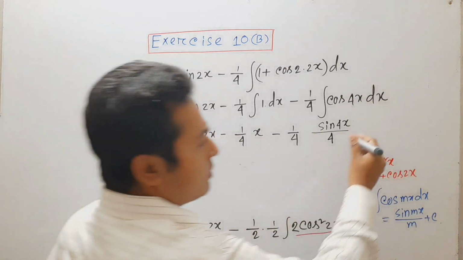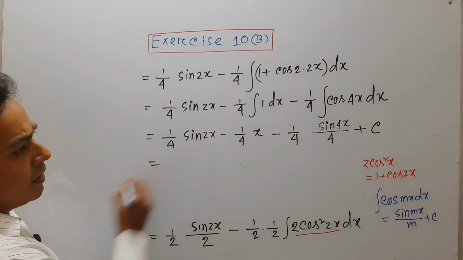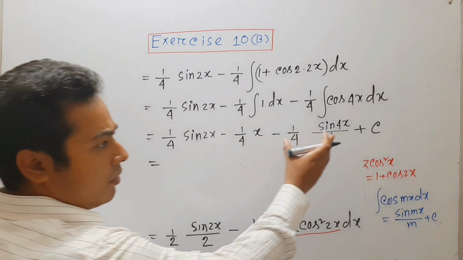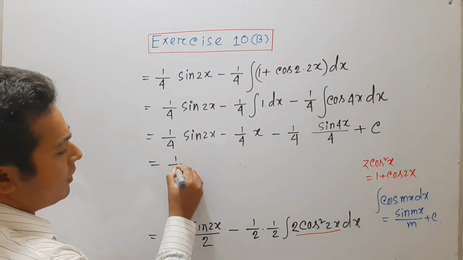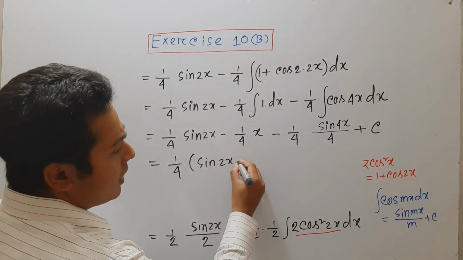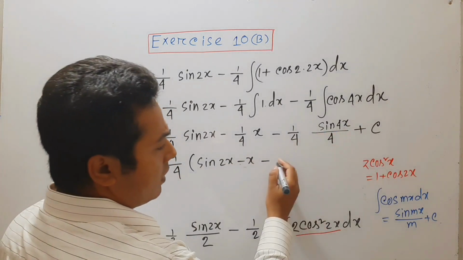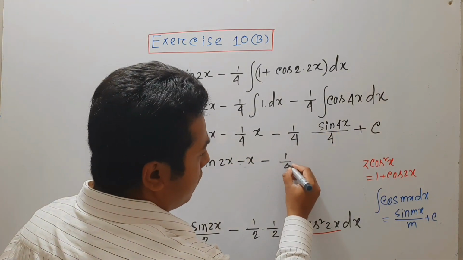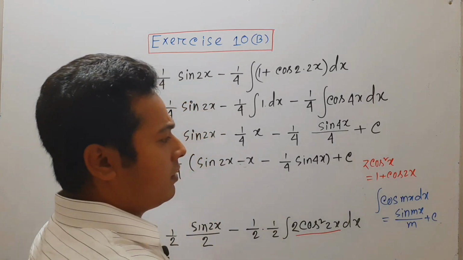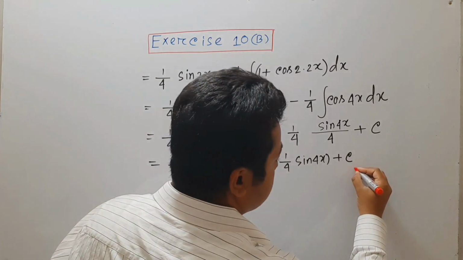Now we can use the integral constant, which is C. Therefore, we can take common 1 by 4 from each term: 1 by 4 sin 2x minus x minus 1 by 4, then the remaining term is 1 by 4 sin 4x, and then the integral constant plus c. Okay, this is our answer of this math.